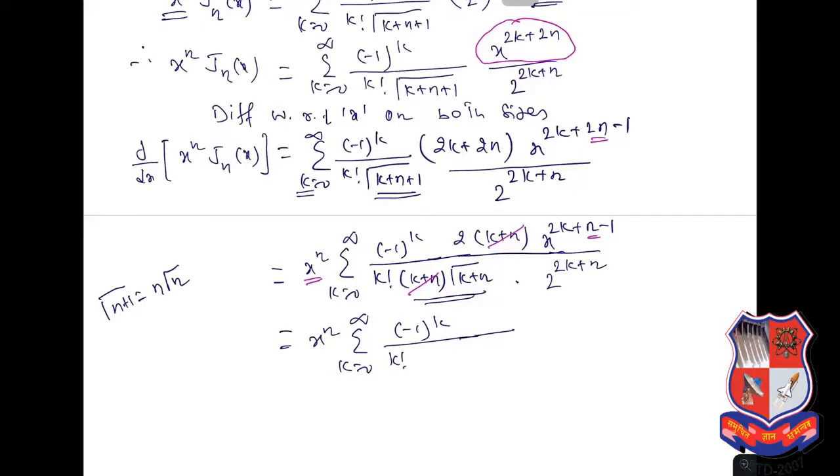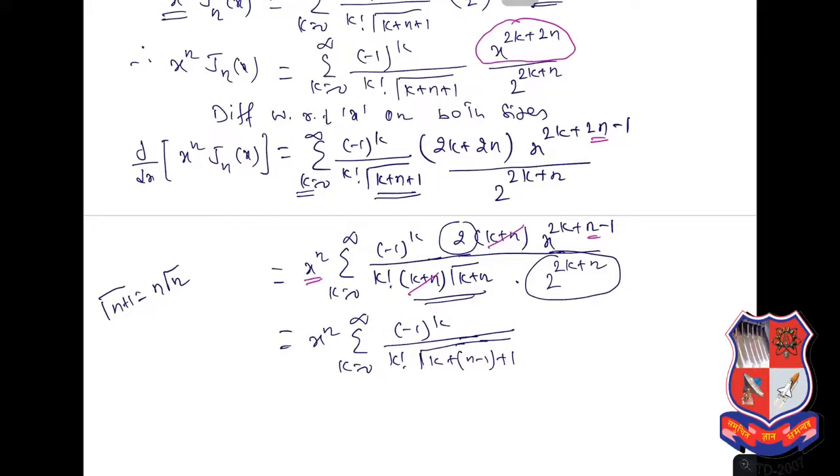Factorial. Now this gamma k plus n, can I write in this way? Gamma k plus n minus 1 plus 1. Then this is a 2 here, 2 power 2k plus n. So that is nothing but 2 power 2k plus n minus 1.